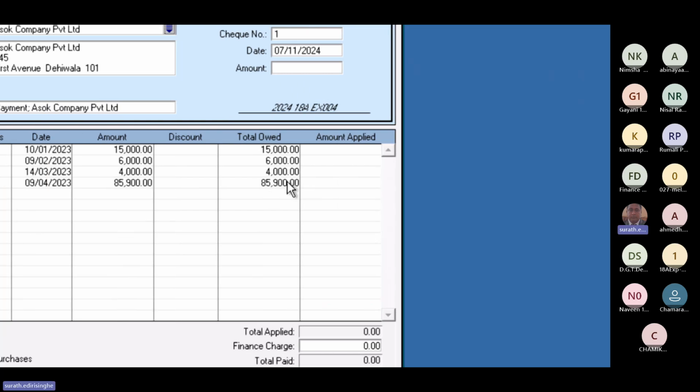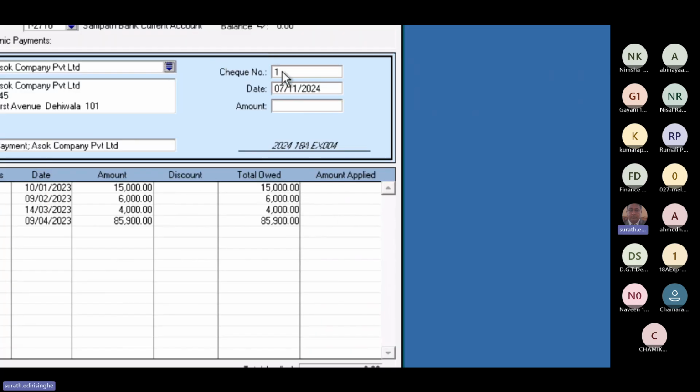Now the bill amount is 85,000. Insert here the check number like 500. Now I paid on the 23rd, maybe end of this month, April 20, end of this month. Right.